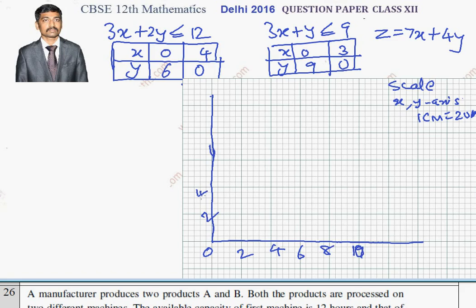Then 2, 4, 6, 8, 10. This is x and y. Now the first point is 0, 6. 0, 6 will be somewhere here and 4, 0 will be somewhere here. So we'll join this one. This is the first one. Then the other point is 0, 9, which will be somewhere here, and 3, 0, which will be somewhere here.